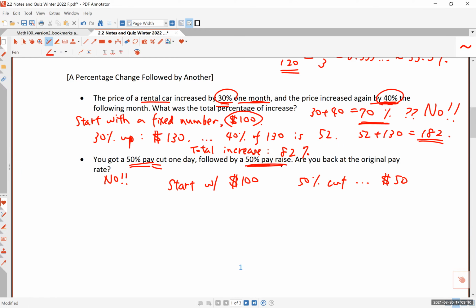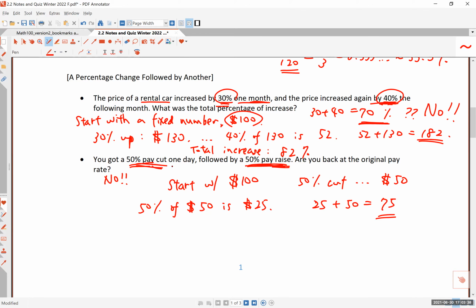And then follow that by a 50% raise. A 50% raise would mean 50% of that new daily wage, which is $50, and that is, of course, $25. So you add 25 to your current $50, and that's $75. This is the result of the pay raise, which followed the pay cut.